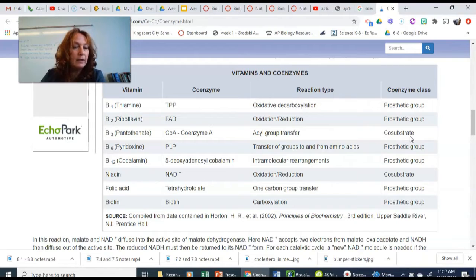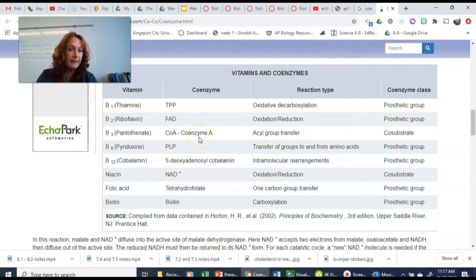So vitamin B3 is niacin. And through some chemical reaction changes, it becomes NAD. Holy cow, is that going to be an important molecule soon when we start doing photosynthesis and cellular respiration, because it's an electron carrier. Let's see what else we've got here.